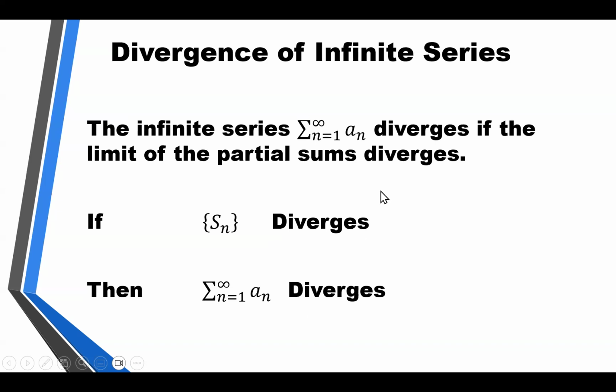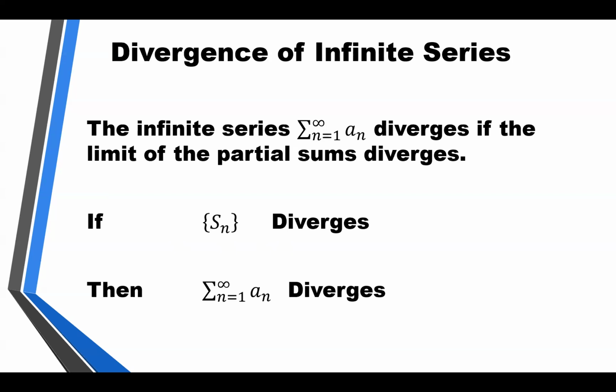And on the other hand, if those partial sums diverge, so if the sequence of partial sums diverges, then we say this infinite series also diverges. So the infinite series converges if it adds up to a real number.